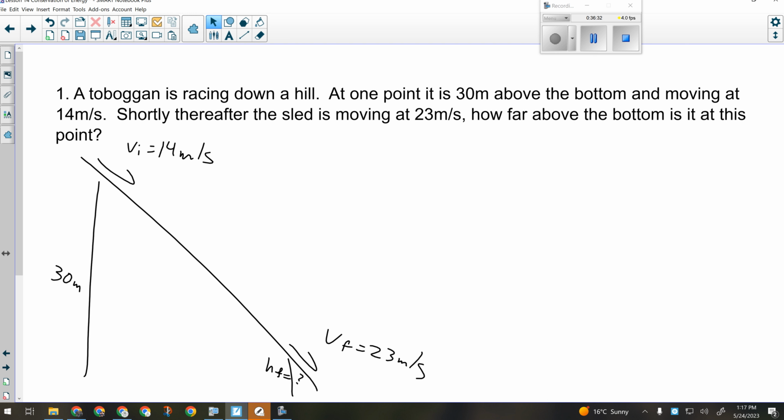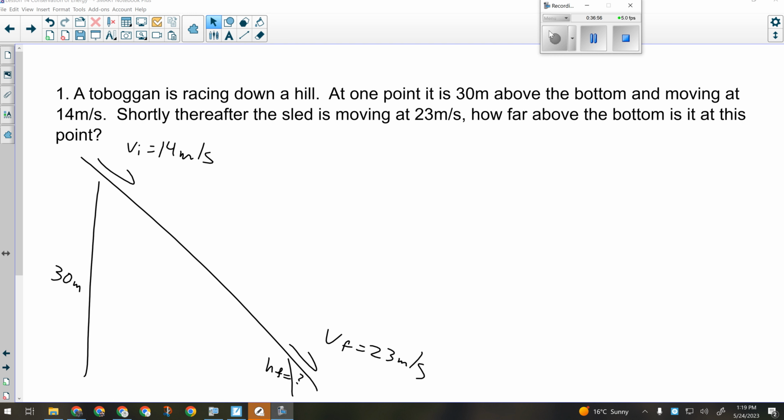We're looking for HF in this situation, the height above the ground at that point. Those are your givens, plus you weren't given the mass, so you can either choose whichever value you want or don't use it at all. I'll give you a couple more minutes and then we'll walk through it.